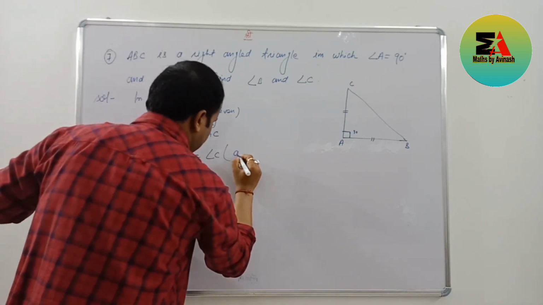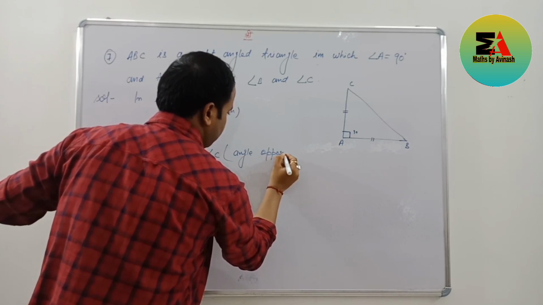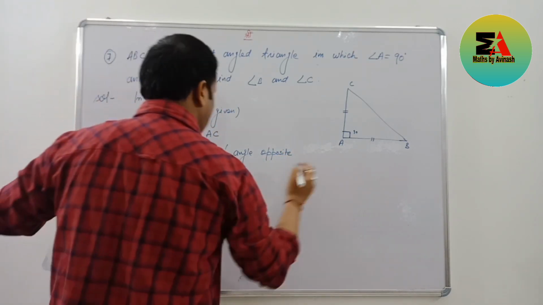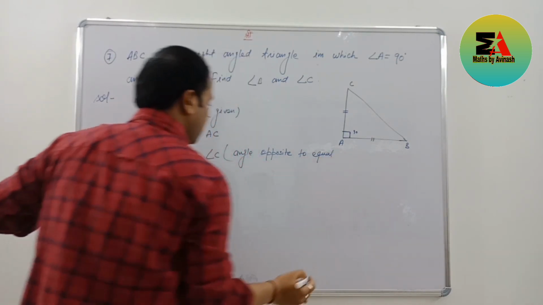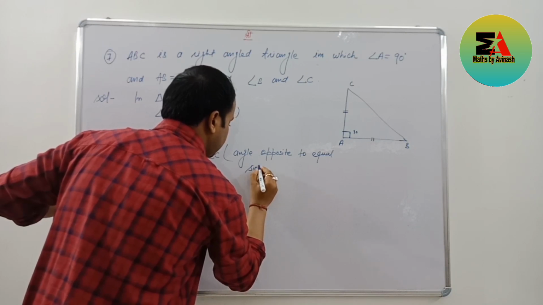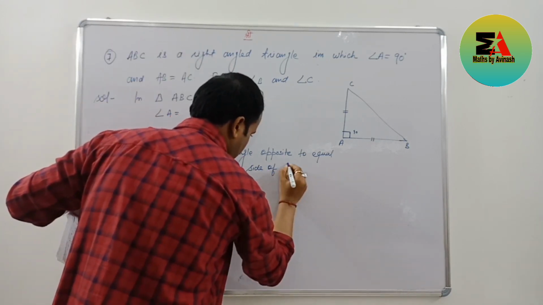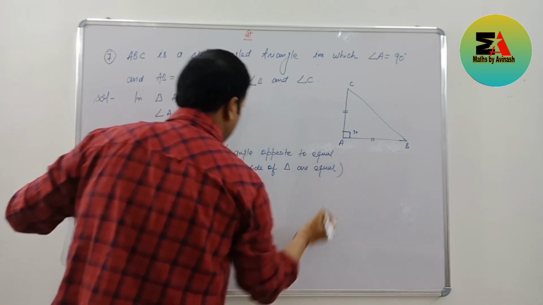We know that angles opposite to equal sides of a triangle are equal.